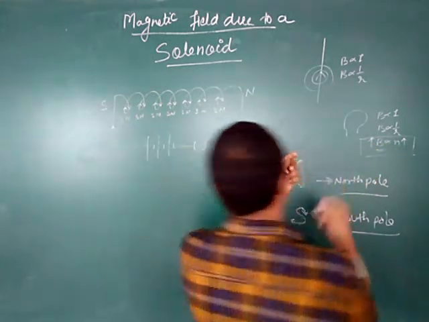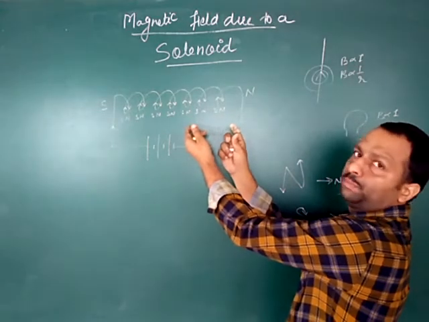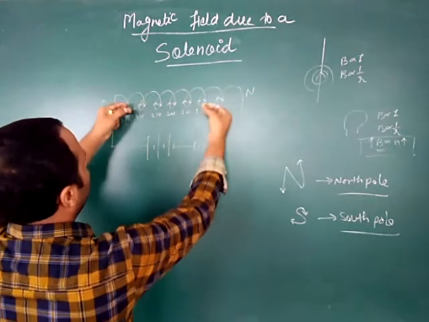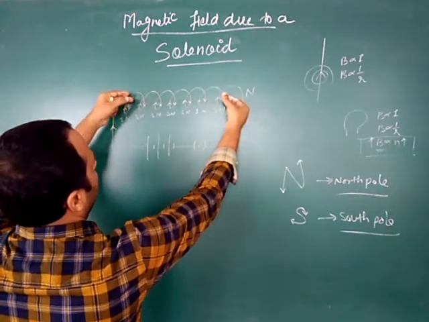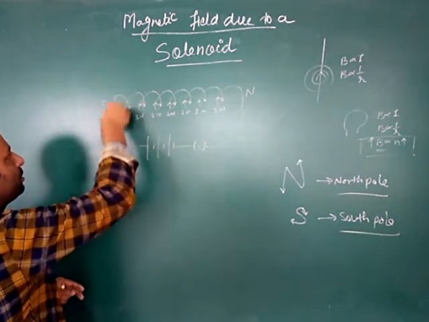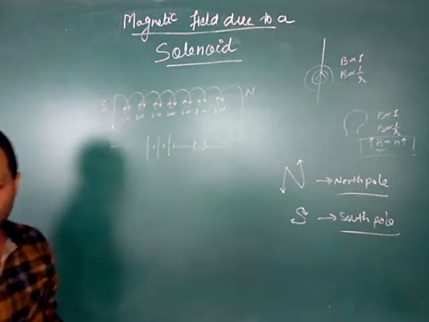And if we look through the other end, it will behave like a north pole. So if we stretch this wire, the same wire will behave like a solenoid.